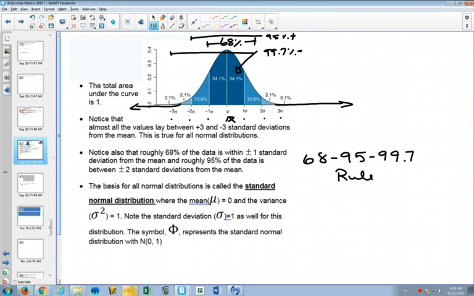So if you have a normal distribution and you know the mean and the standard deviation, you can say almost 100% of the population is between these 2 values. And for things that happen like heights and people's weights, generally they'll fit a normal distribution. There is still the possibility of that person that's 8'10".